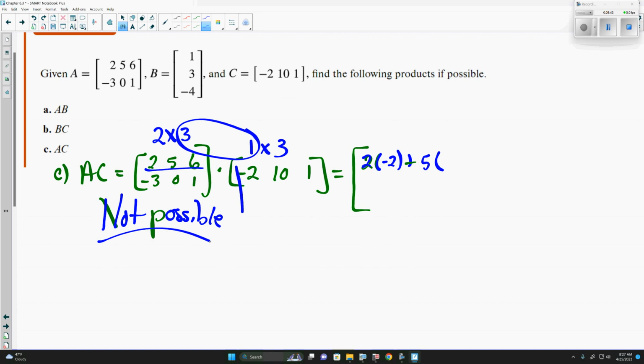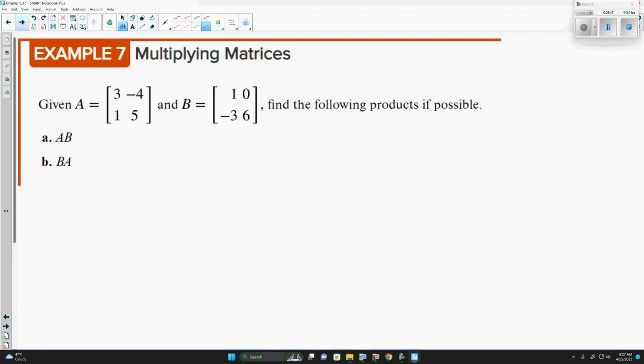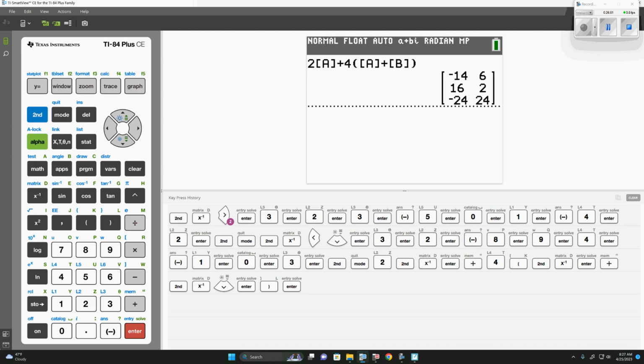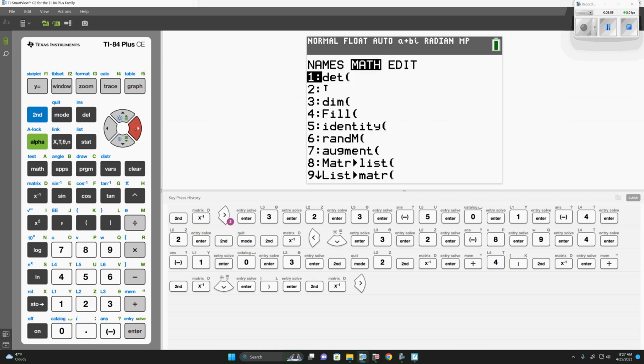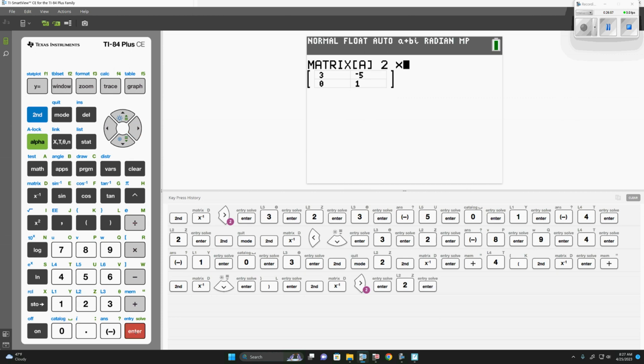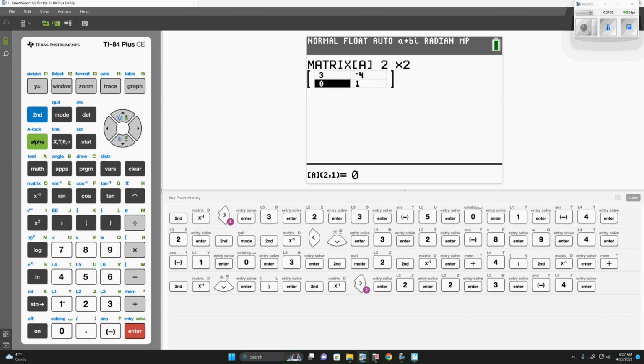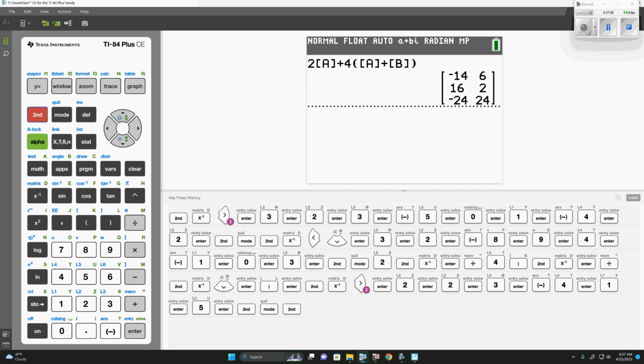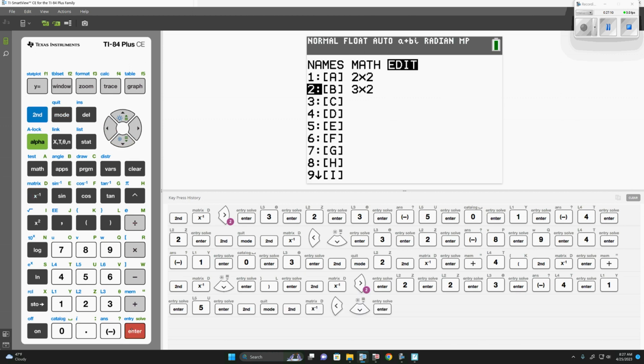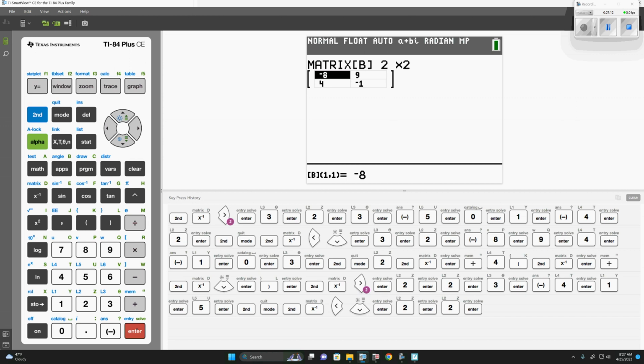Any questions on any of this? Now we're going to look at 2 more. And these we can do in the calculator. Well, we could have done the others in the calculator also. For example 7, matrix A is a 2 by 2, so 3, negative 4, 1, 5. Matrix B is also a 2 by 2.